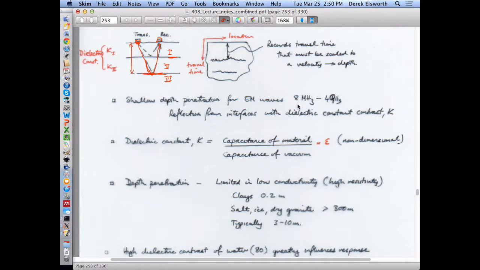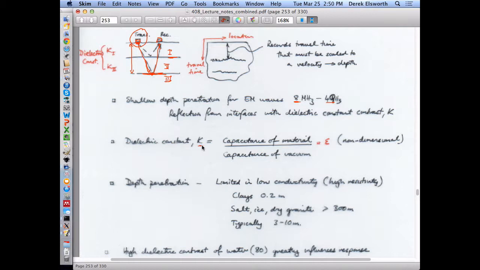What you can do is change the frequency of the transmission. Lower frequencies are attenuated less than higher frequencies, so lower frequencies allow you to get deeper, but higher frequencies give you better resolution of your target.